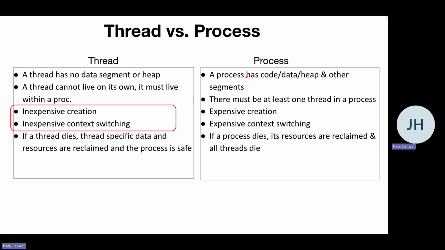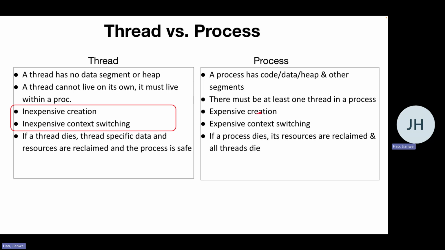And a process has code, data, heap, and other segments. That's why every time we create a process, we need to allocate all of these resources to the process. And there must be at least one thread in a process. That's a requirement for a process.